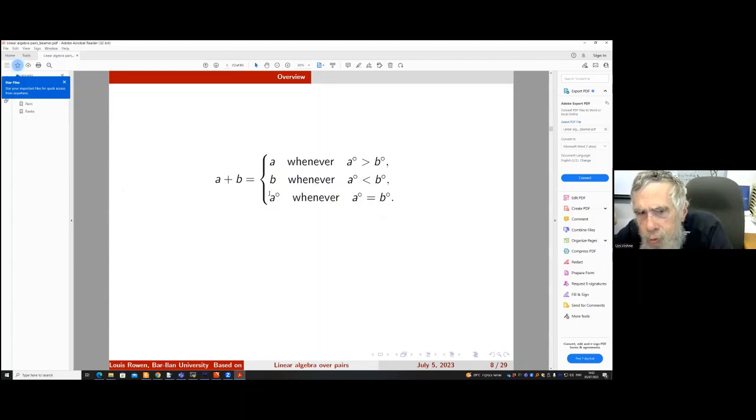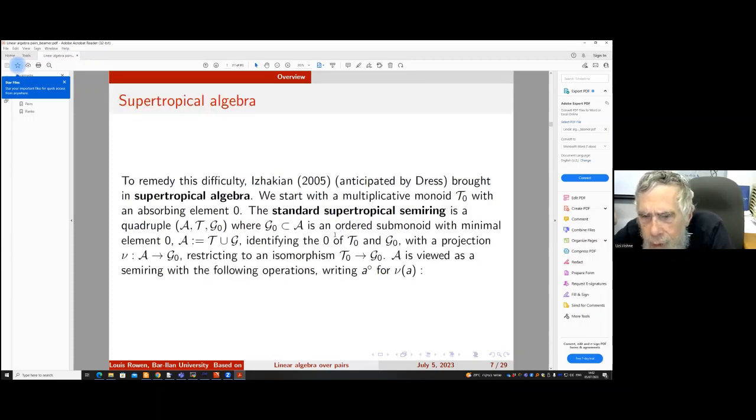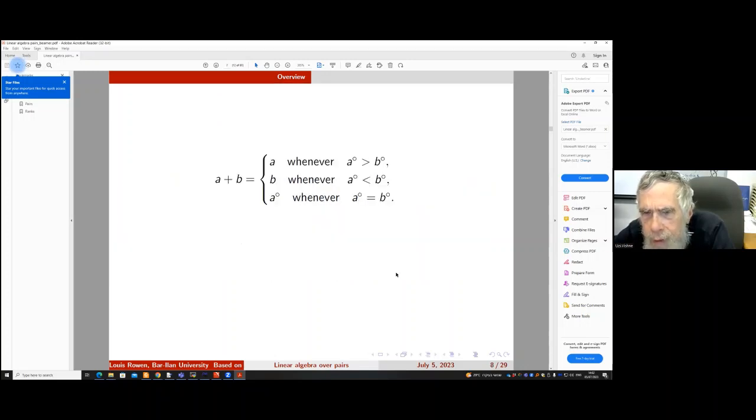But then you move from the first copy to the second copy when the valuations are the same. Here a naught is the value of a. Okay, so that's addition.